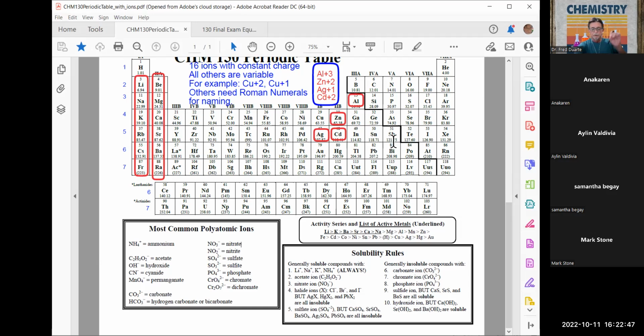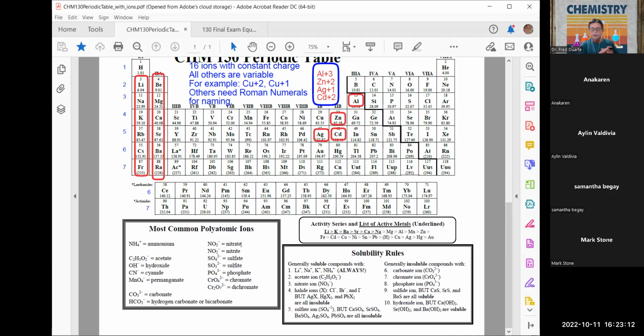Then on top of that, those other 4 elements circled in red: the aluminum, the zinc, the silver, the cadmium, with their respective charge. Okay, those are the sweet 16, as I call them. They have exact oxidation number. Therefore, they do not require Roman numerals to describe them. Okay, because we know what they are.